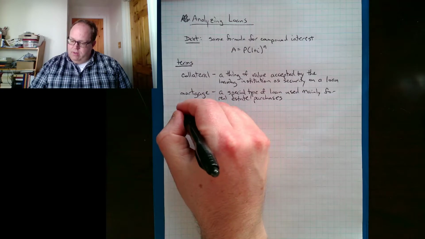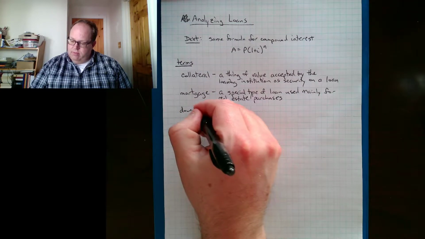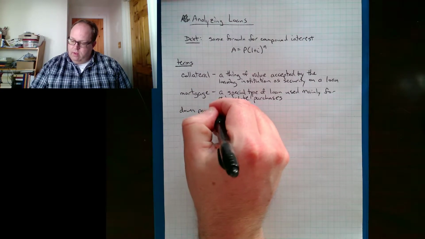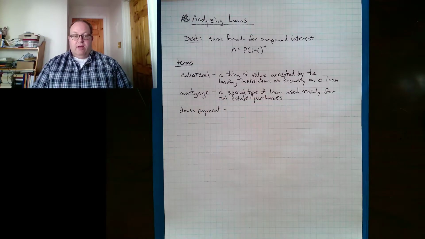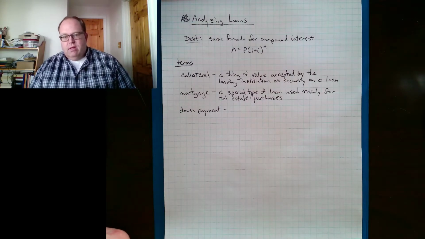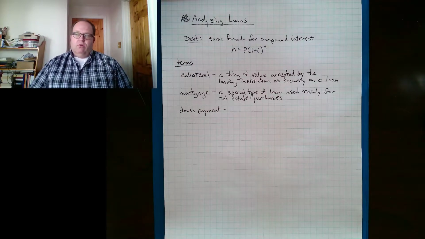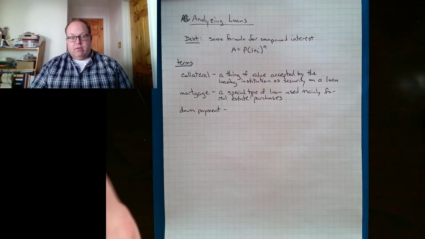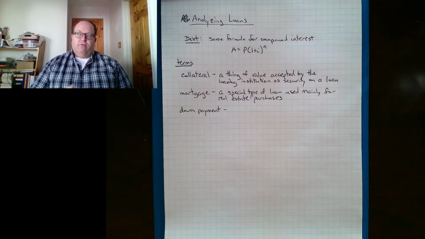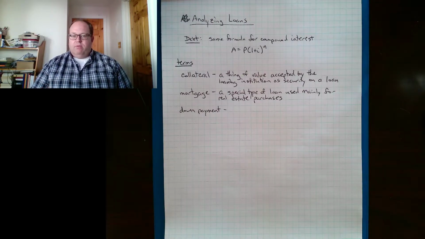One that will crop into our math a little bit is the down payment. Now, certain kinds of loans will require a down payment. Mortgages are one example, and probably the most common example of that. Where if I wanted to go, say, and borrow $100,000 from the bank for a mortgage, they might say, "Well, okay, but you have to put 10% down in order to get this."